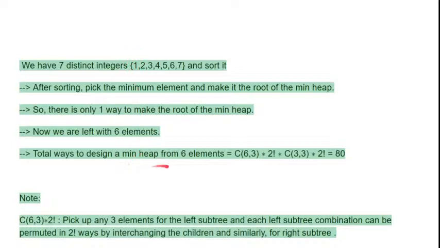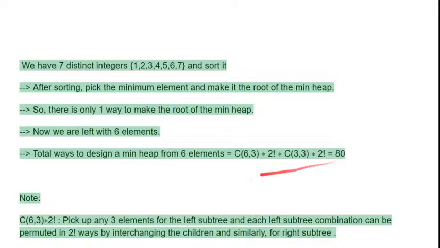So the total ways to design the min heap from the 6 elements is C(6,3) into 2 factorial into C(3,3) into 2 factorial.